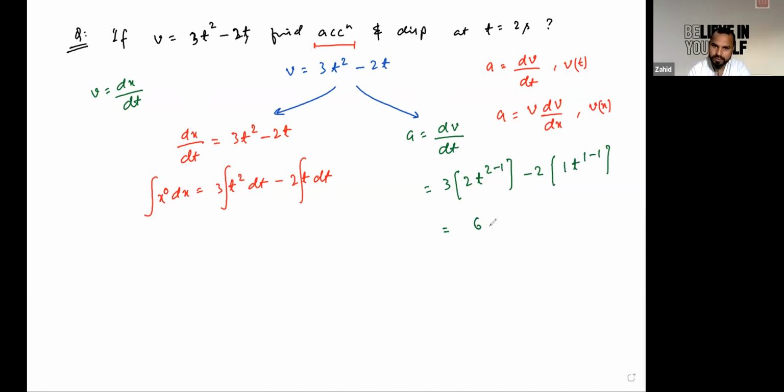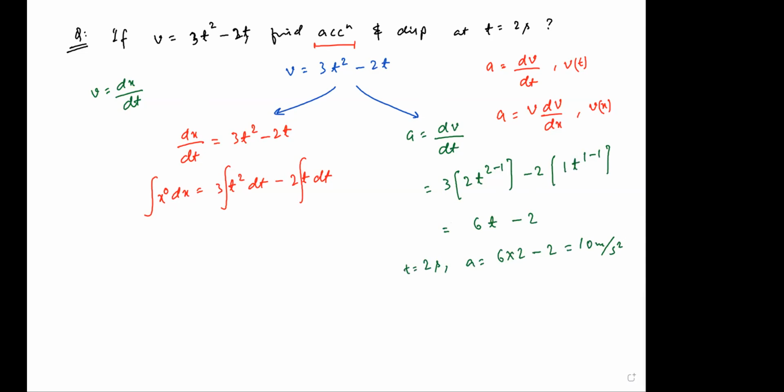On solving, you will get 6t minus 2. Now put the value of time to be 2 seconds. You will get a equals 6 into 2 minus 2. So 6 into 2 is 12, minus 2 is 10 meter per second squared. Is it clear? Yes, sir. Okay.